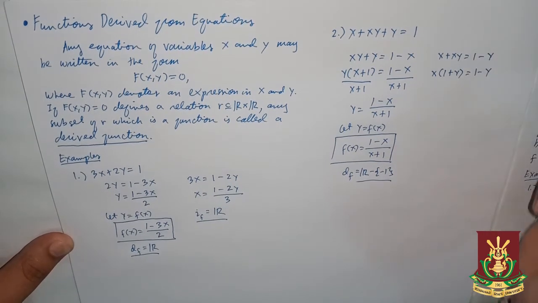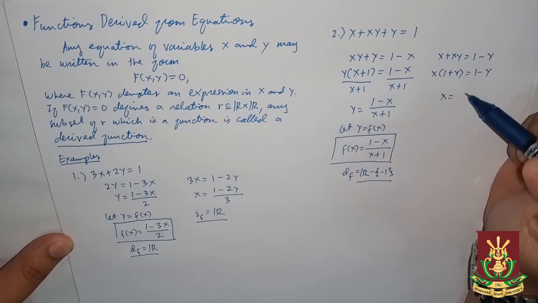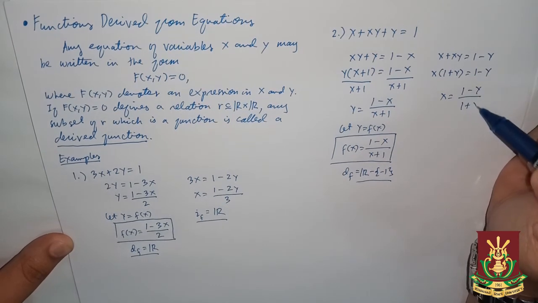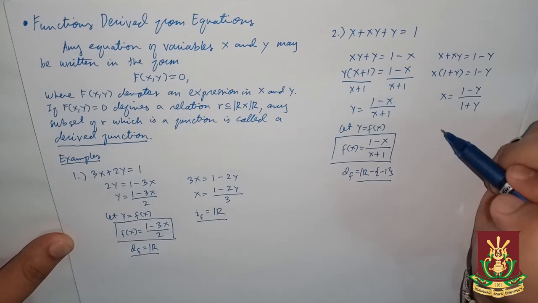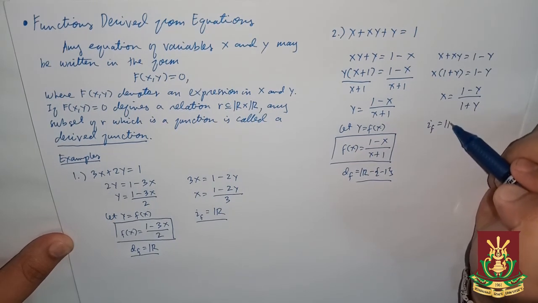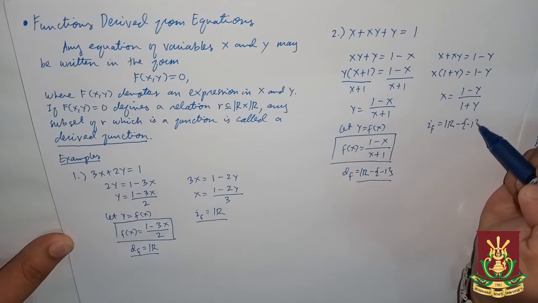If we divide both sides by 1 plus y, we will have x equals 1 minus y all over 1 plus y. From here, we can see that the image of the function is also the set of real numbers except for negative 1.